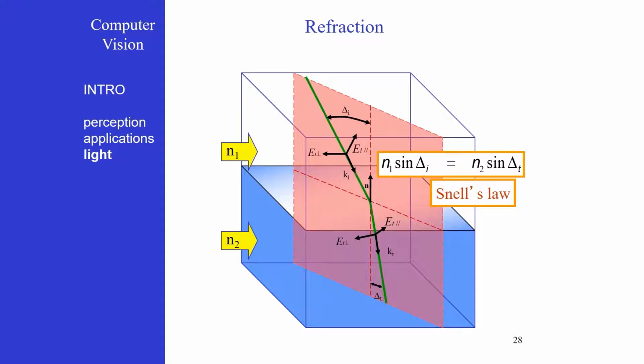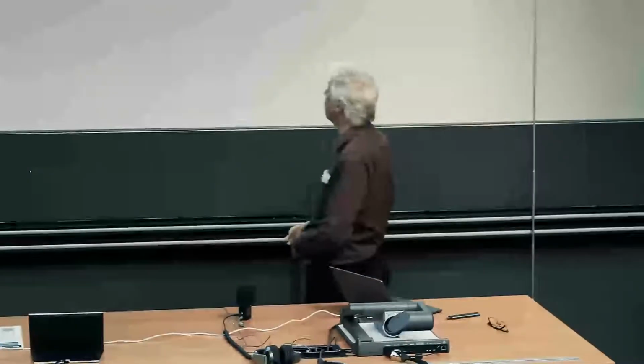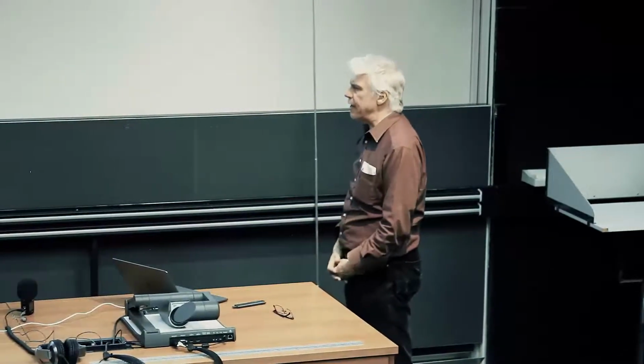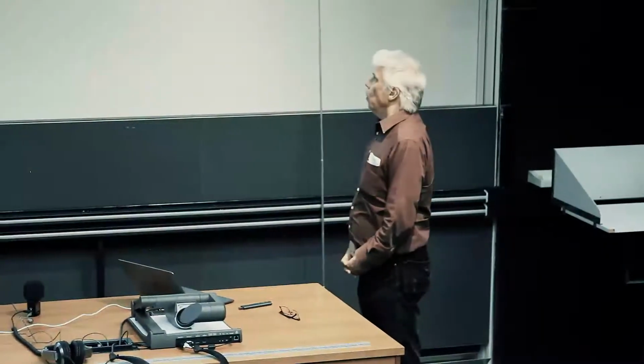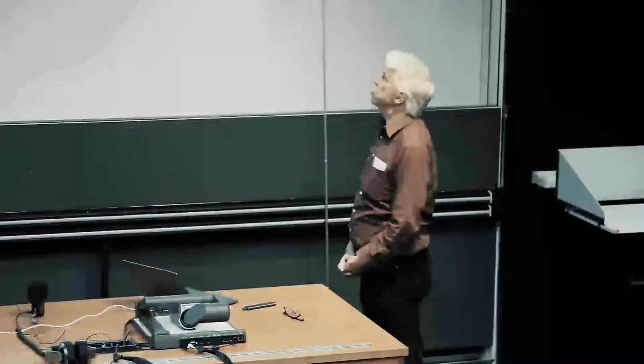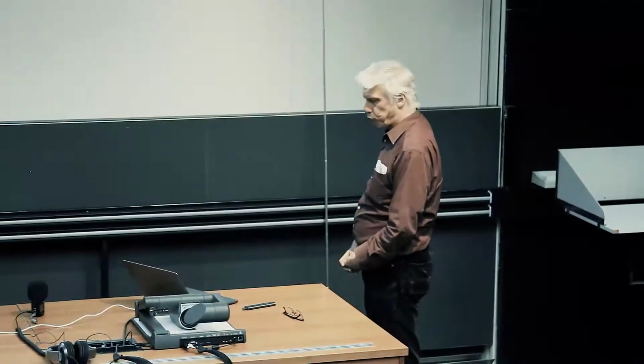And notice we can play the same game, we can decompose that incoming wave with a parallel component and an orthogonal, perpendicular component and so on. But we won't go into the mathematics of all that. How much is being refracted depending on the state of polarization will not be of much interest to us, so we won't deal with that.